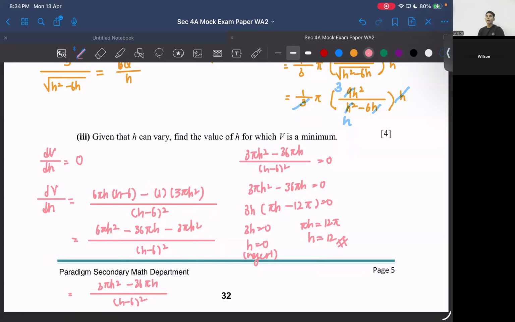But in this case, right, I need to ascertain for myself that V is a minimum. How do I know that V is a minimum? Yeah, you're on the right page already. Yeah, that was the page that I said. So what should I be doing?